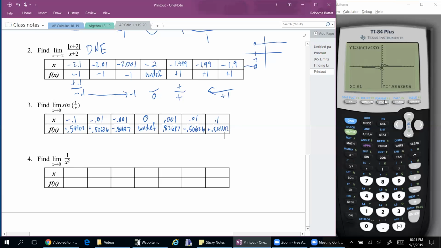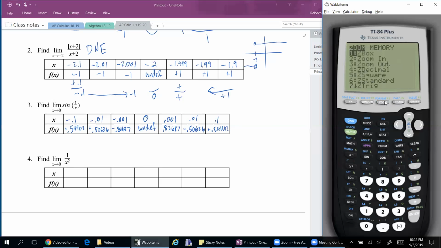And if we zoom in on this graph on our calculator, you'll notice this graph gets very jumpy. It goes up and down and up and down. We call this oscillating behavior. Sine typically looks like a wave, and that's oscillating as well.